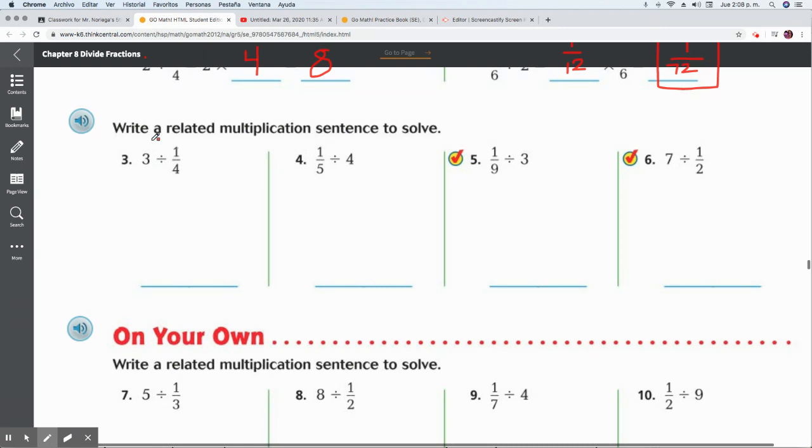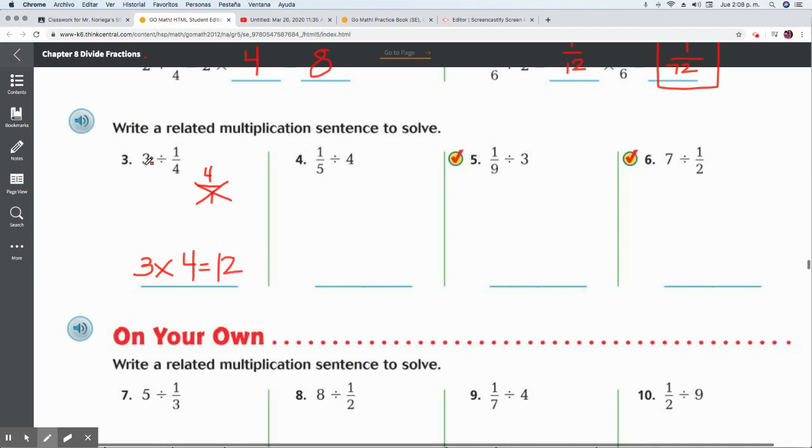What we are going to do here is use the same dividend, which is 3. We change our division symbol to times, and we flip this fraction to end up with 4 over 1. This denominator, you don't need to write. The only thing that you need to write is the numerator. So what's 3 times 4? 12. And that is your answer.